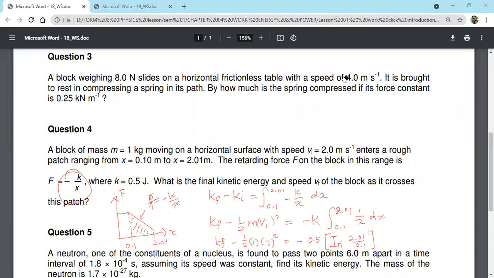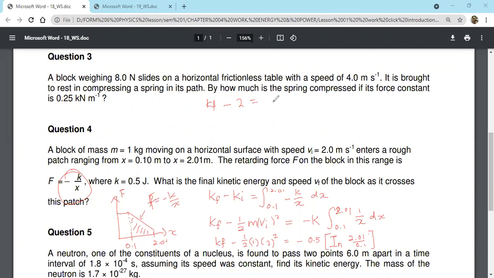Okay, so from here, Kf minus 2 equal to 0, negative 0.5, 1 over 2 mv squared.